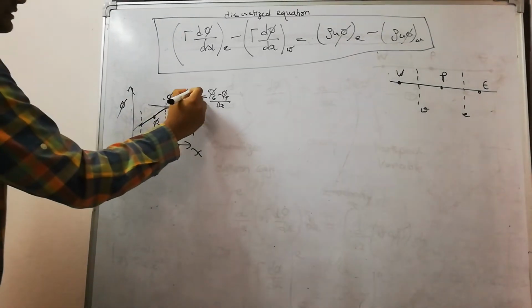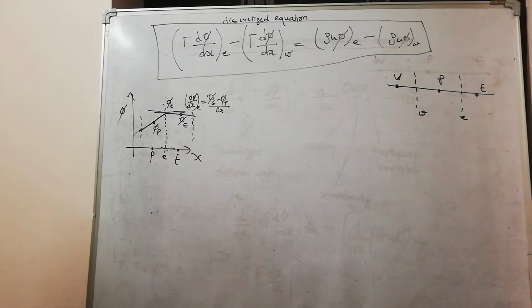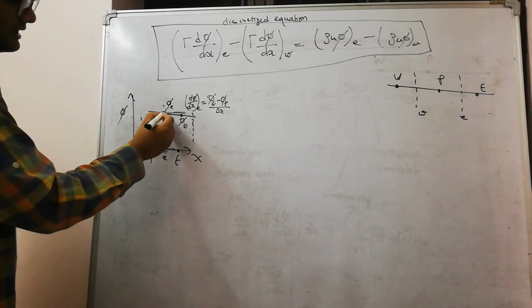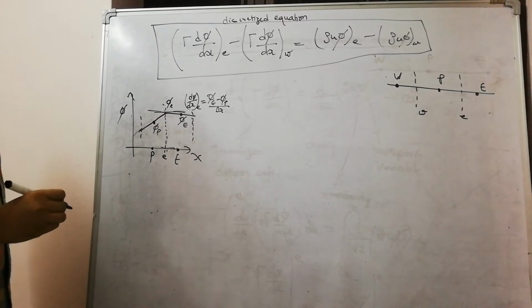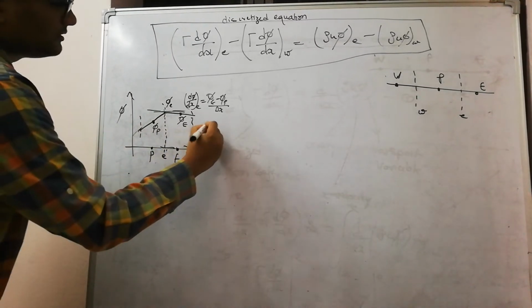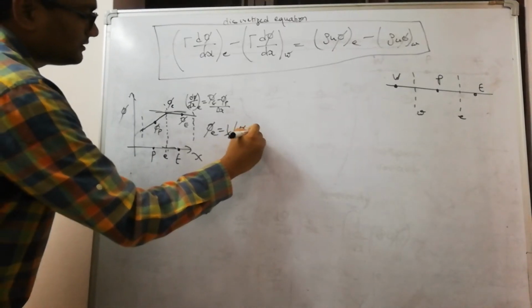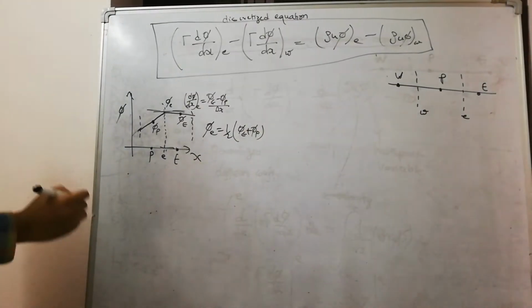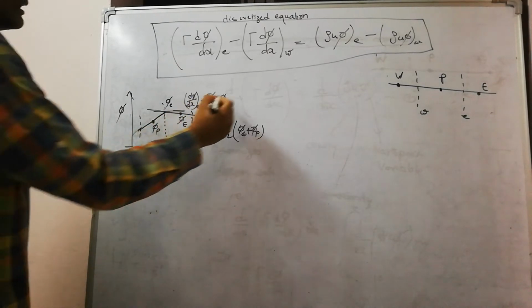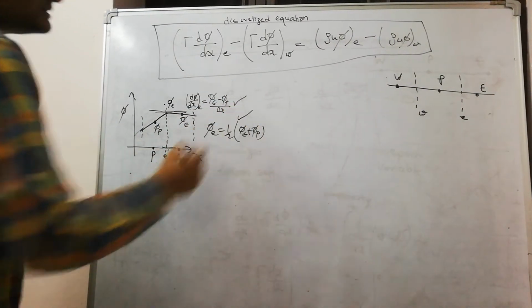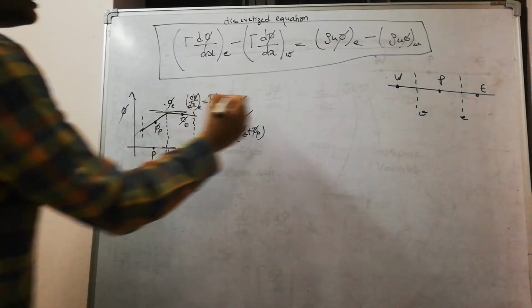But if I directly want to get phi e, the value of phi at this interface, what is the simplest and easiest way to approximate it? Any guesses? I can simply get the average. This is nothing but central differencing. Even this is also central differencing.